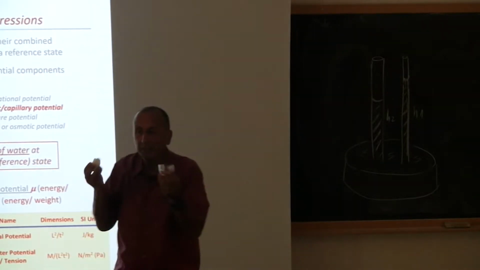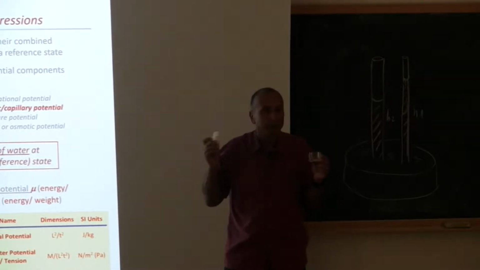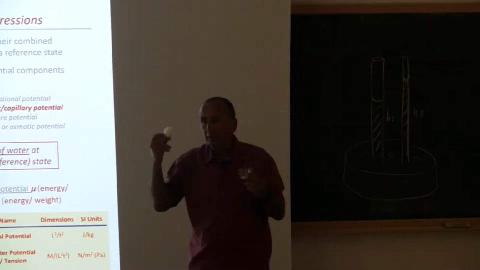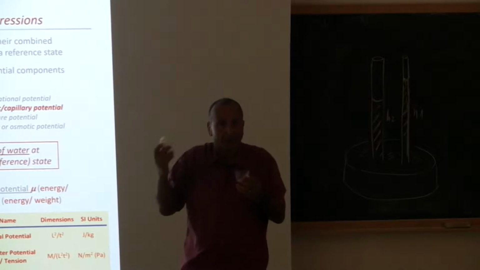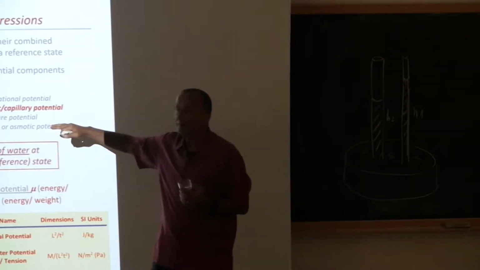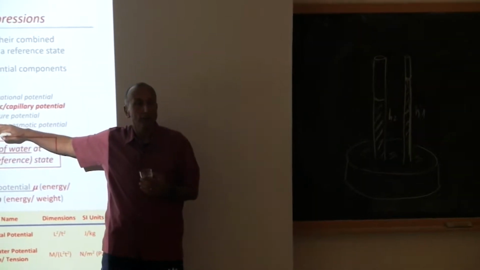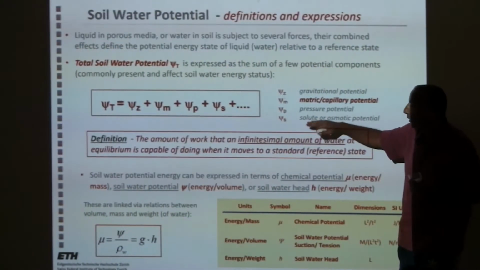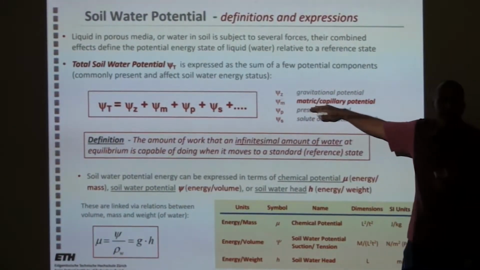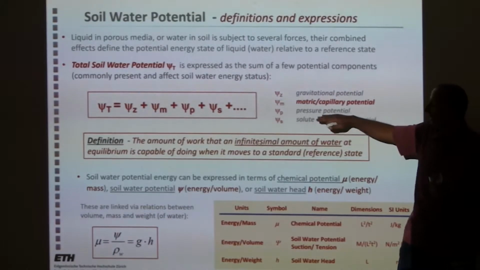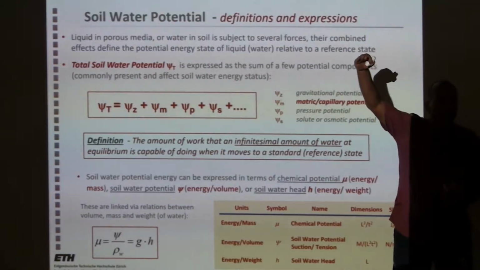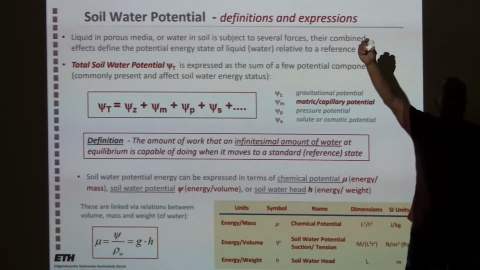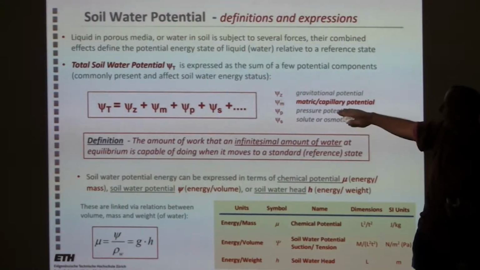So basically, that interaction between the water and the porous medium, or the energetics of that, is encapsulated in the definition of the soil water potential. We have several factors that affect the soil water potential. For example, the position in the gravitational field, whether this is on the top of a hill or the bottom in a valley.